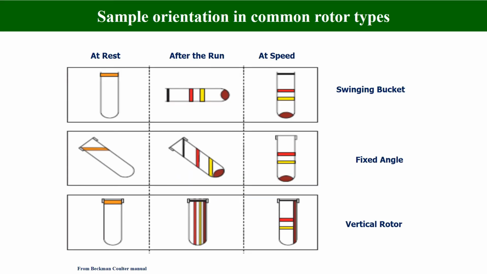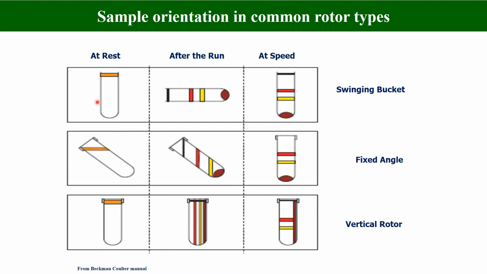Let us see how the sample reorients itself in a centrifuge when it is operating. This is something which we are not able to see from outside. So look at a swinging bucket centrifuge. This is how the sample will be when we place it at rest.